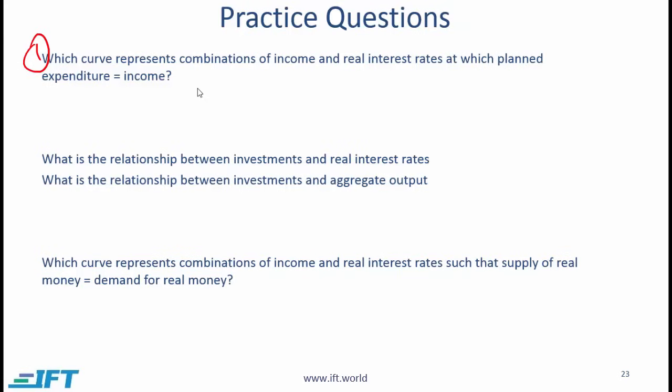Hopefully this is easy right now because we have just been through the material, but it is quite likely that you see something as straightforward as this on the exam. So we are asked about income and real interest rates, and we need to keep planned expenditure equal to income. So this is clearly the IS curve.